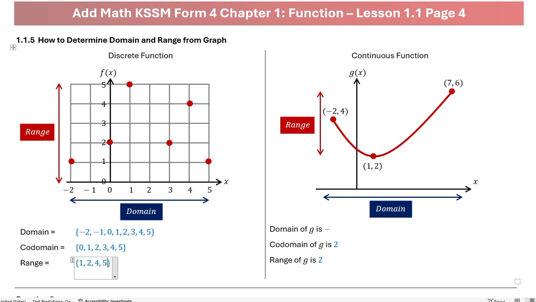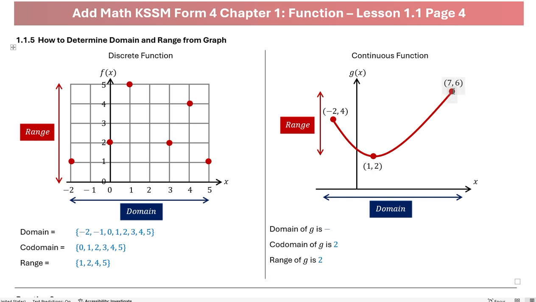Hopefully. For continuous function, students usually simply use the coordinates given. It is very simple to identify the domain. Remember, domain always refers to the horizontal axis. So hopefully you draw dotted lines here. So here will be -2 and here will be 4.